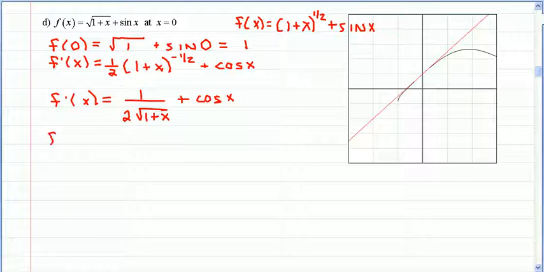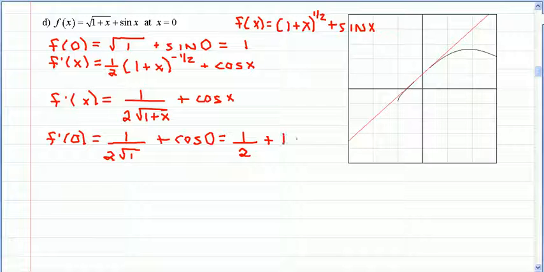So now when I find f prime of 0, I have 1 over 2 times the square root of 1, plus cosine 0. And 1 over 2 times the square root of 1 is just 1 over 2. Cosine 0 is equal to 1. 1/2 plus 1 is 3 over 2.